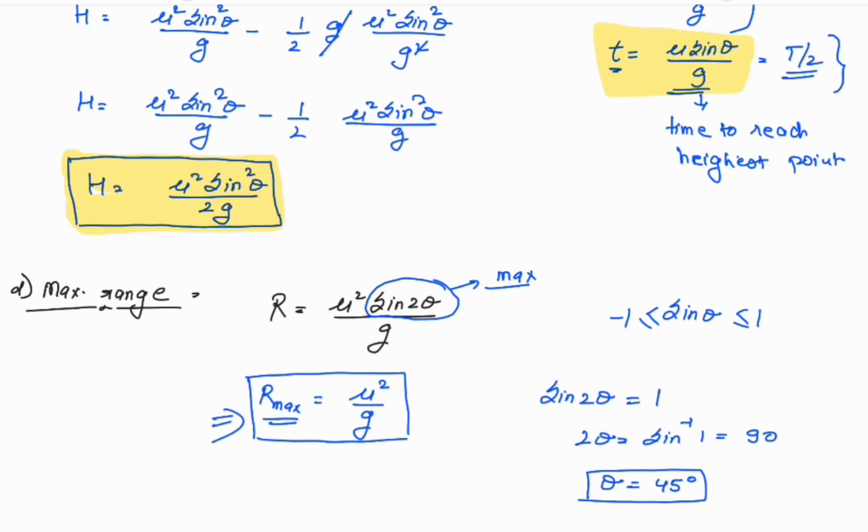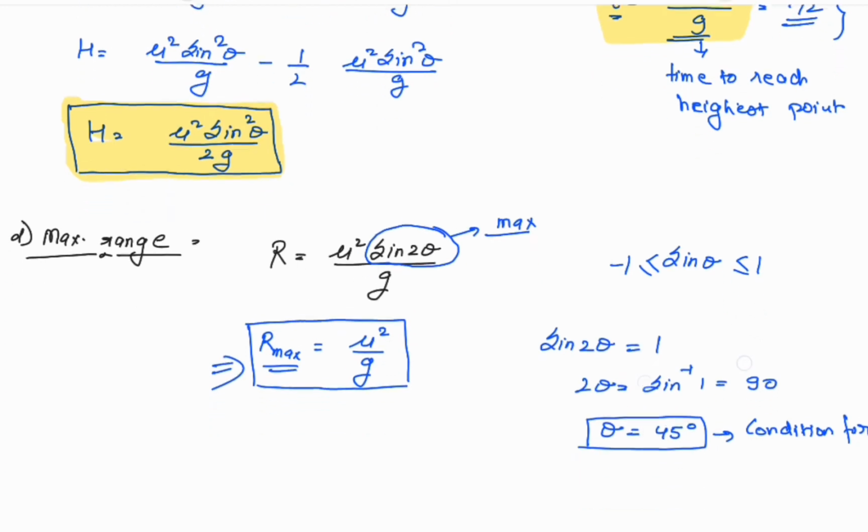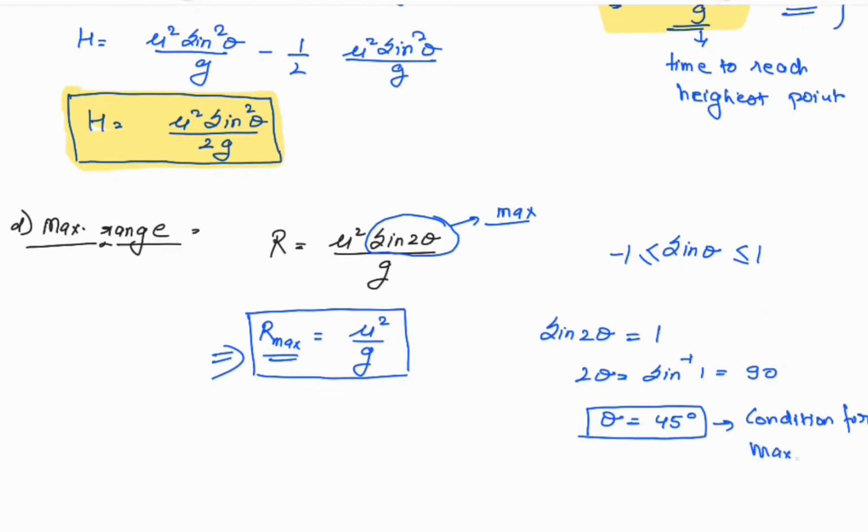Maximally you can get this much range. This is the formula for the maximum range, and this is the condition for maximum range. That's why if you see any javelin thrower, any player in a javelin throw game, they throw the javelin at an angle of 45 degrees.